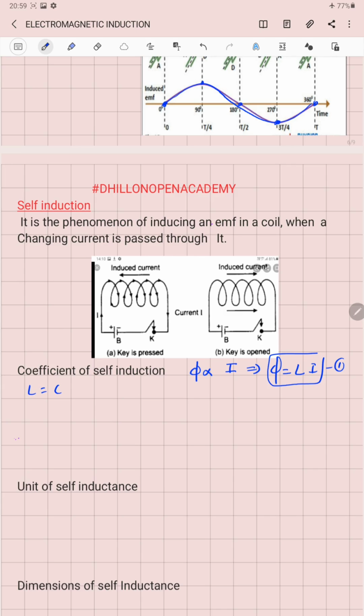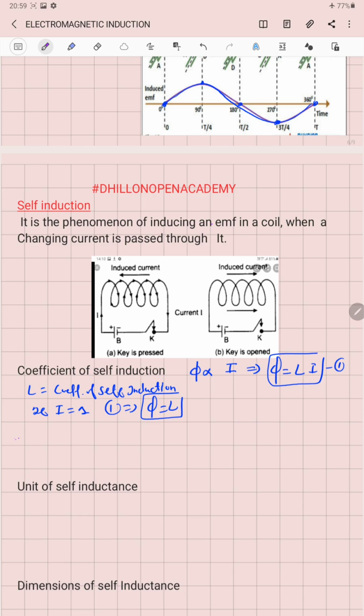Here L is a constant which we call the coefficient of self-induction, or simply the inductance of the coil. In the first equation, if we put I equal to 1, then phi is numerically equal to L. So what is the meaning of the coefficient of self-induction?